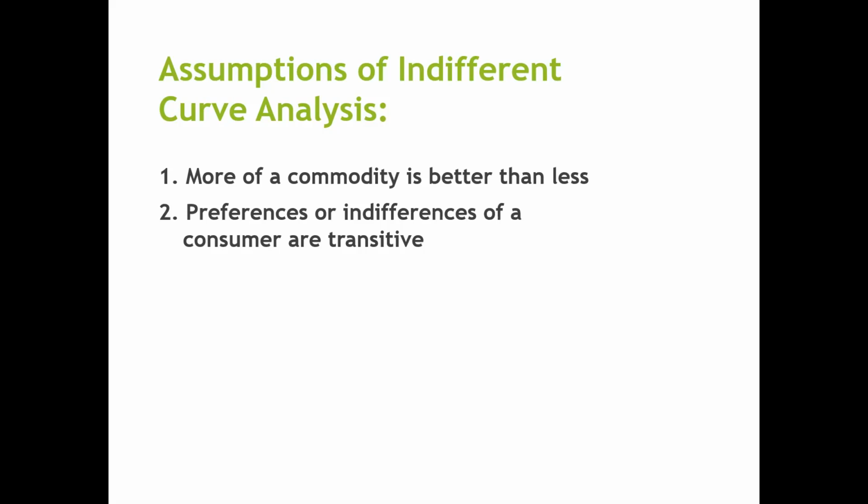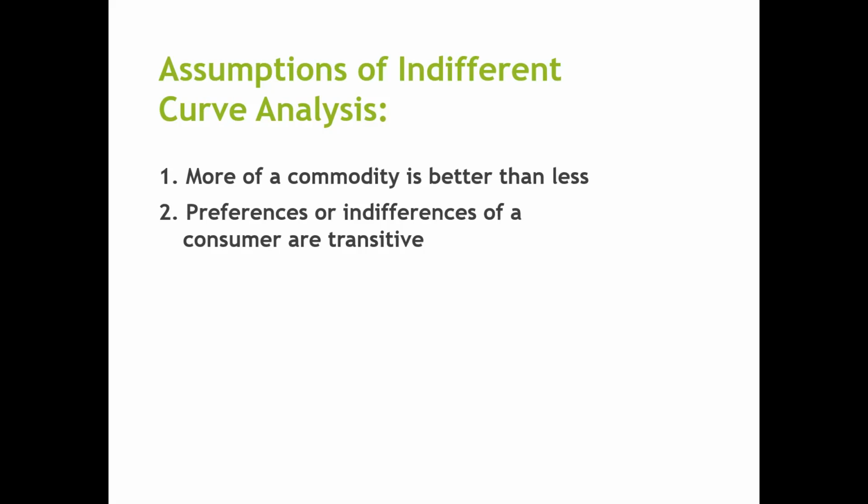So when the consumer is oversupplied or oversatiated with one good, he will prefer a smaller amount of that good to its larger amount. It is thus assumed that the consumer has not yet reached the point of satiety in consumption of any good. So this assumption is known as the non-satiety assumption, right? So more of a commodity is better than less, the very first one.